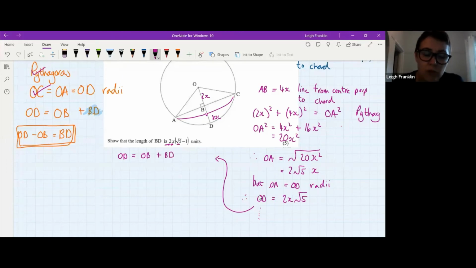There's not a geometrical reason for that. That's what we can see in the diagram, right? And that means that if we leave BD on its own on one side, it's going to be equal to OD minus OB. All right, so as you've said, OD is 2x root 5 minus OB, which we know is 2x.